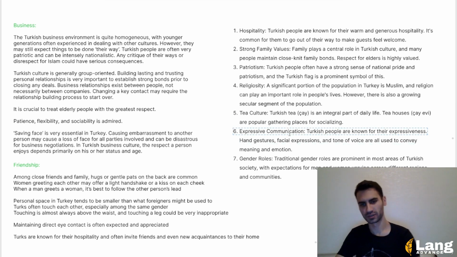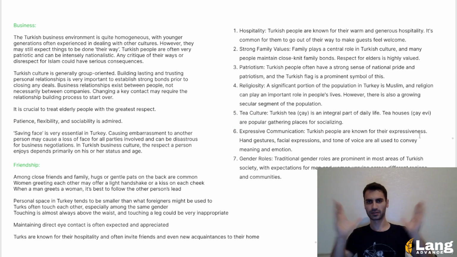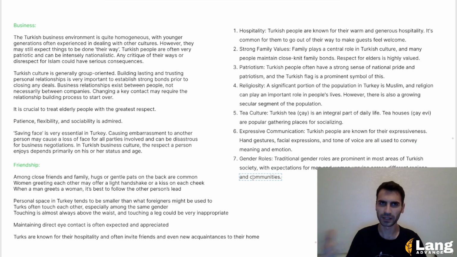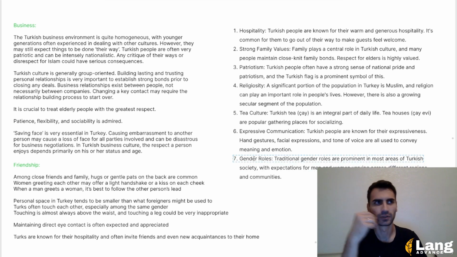Expressive communication is, yes, Turkish people are expressive with body language and emotional expressions. Like if someone is angry, they can act angry. Some people can intentionally act angry also. It's a different way of showing power in Turkey.